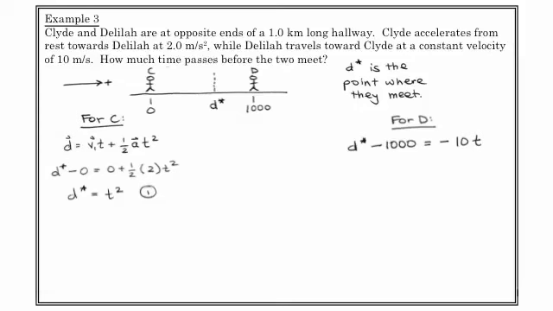And that's equal to velocity times time, because she's not accelerating. But her velocity is in the opposite direction, because she's running towards Clyde. And in our coordinate system, with our sign convention the way it is, we have to enter that velocity as being negative. And so that's what we get. And here's equation 2.